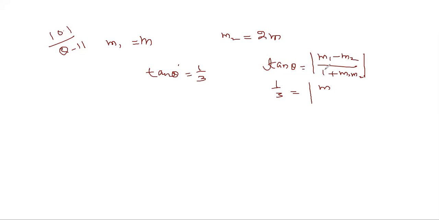Actually we should take m2 minus m1. So m2 is 2m, minus m, upon 1 plus 2m into m. Same thing, because it is an absolute value; you can take m1 minus m2 or m2 minus m1. So 2m minus m, this is m, upon 1 plus 2m square.